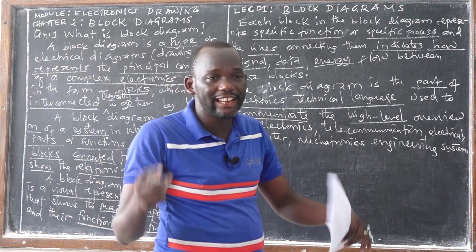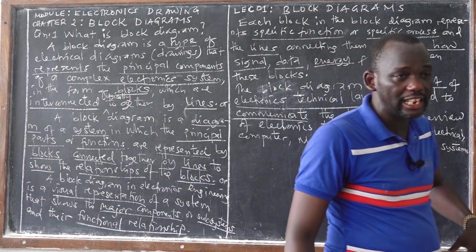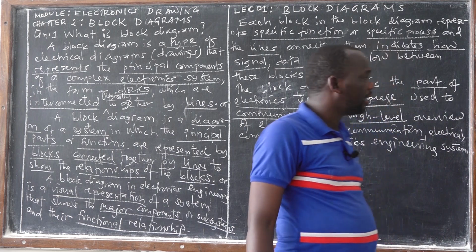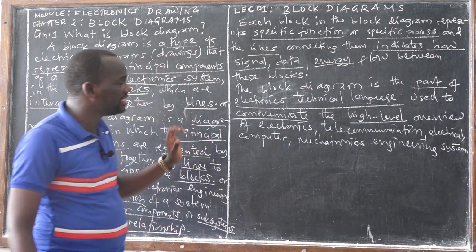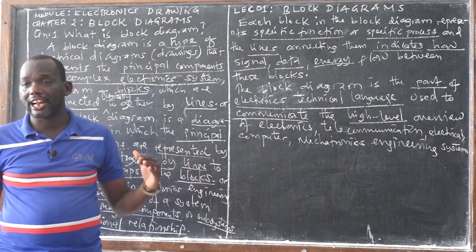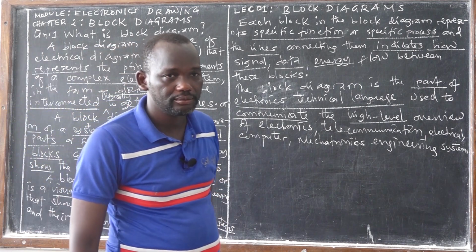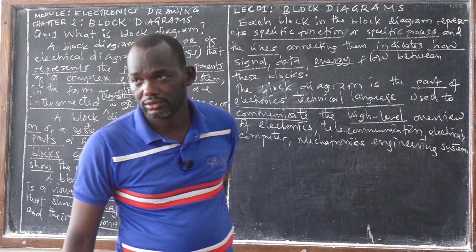So you say that the high level is less detailed. However, we'll discuss this in detail in two types of block diagram: general block diagrams and detailed block diagrams. We'll discuss it in the next lectures.